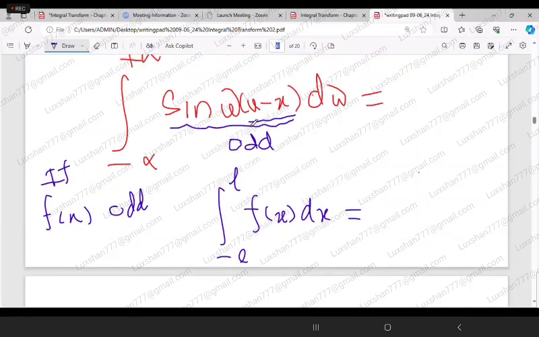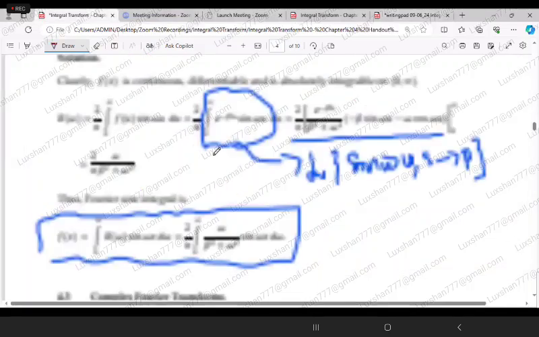Sin omega (u minus x) d omega. Yeah, that is 0. Sine is an odd function.